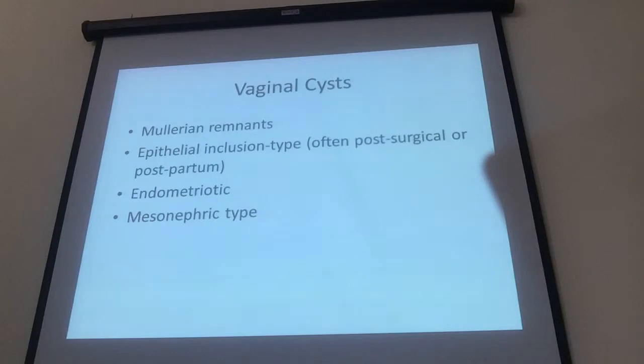And we can also see occasional mesonephric type cysts in this area. These would usually be in the lateral wall, and these would usually be in the posterior wall. These can be anywhere.